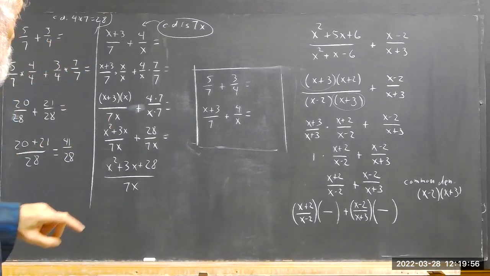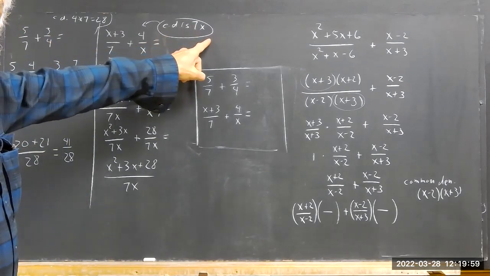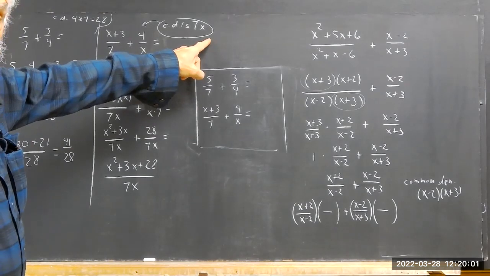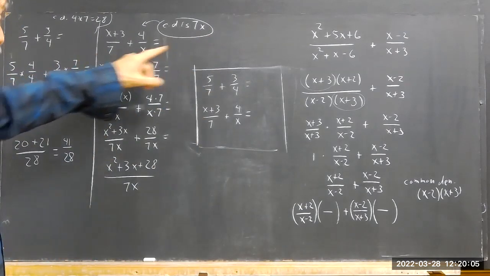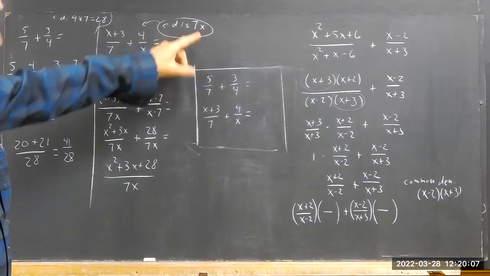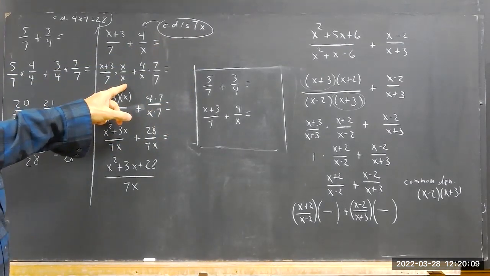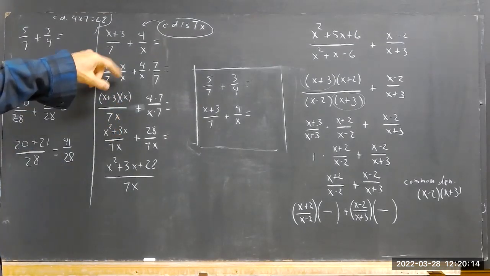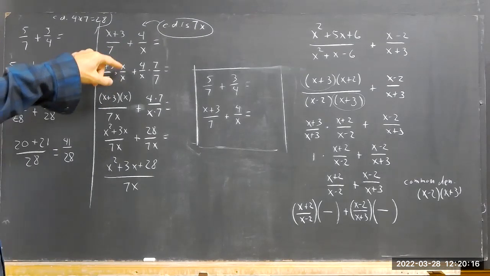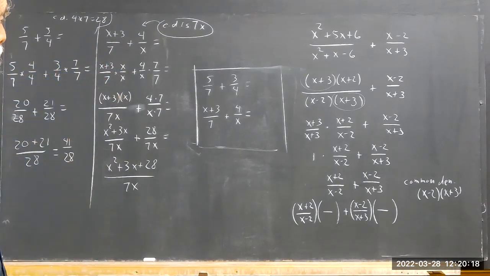Now, what I multiplied by up here: I had to get a common denominator 7x. Well, I had 7, so I have to multiply that by x to get a denominator of 7x. So I have to multiply that 7 by x, which means what I multiply by here, since it has to have the same numerator as denominator, has to be x over x.